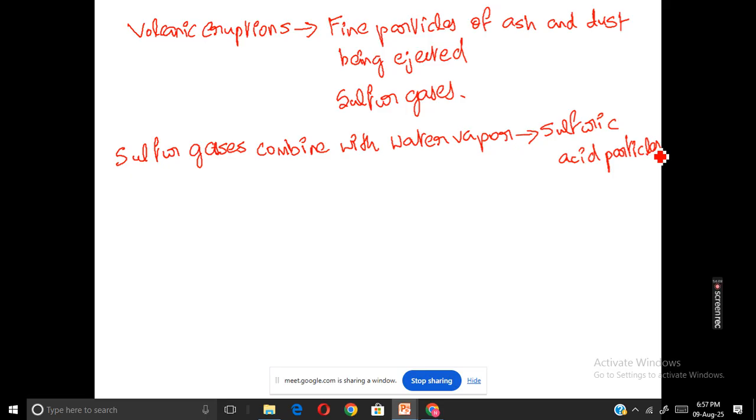Because of the energy at which the eruption occurs, these particles will reach stratospheric height, so they will mostly be deposited in the stratosphere. The issue with something going into the stratosphere is that the stratosphere is stratified.